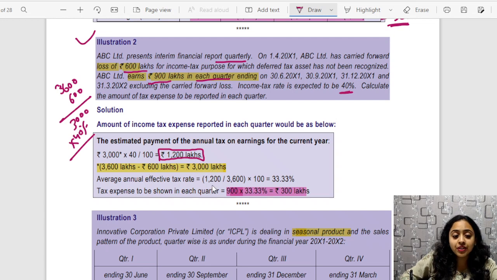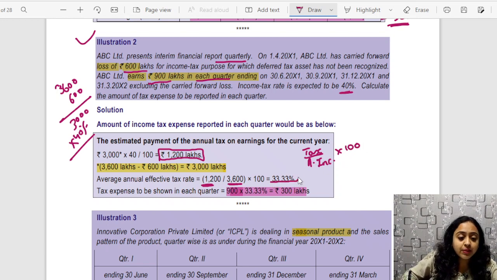This will be further divided with total income. You know, tax upon annual income, into 100, gives you the rate. Now this 33.33% is the rate of tax.